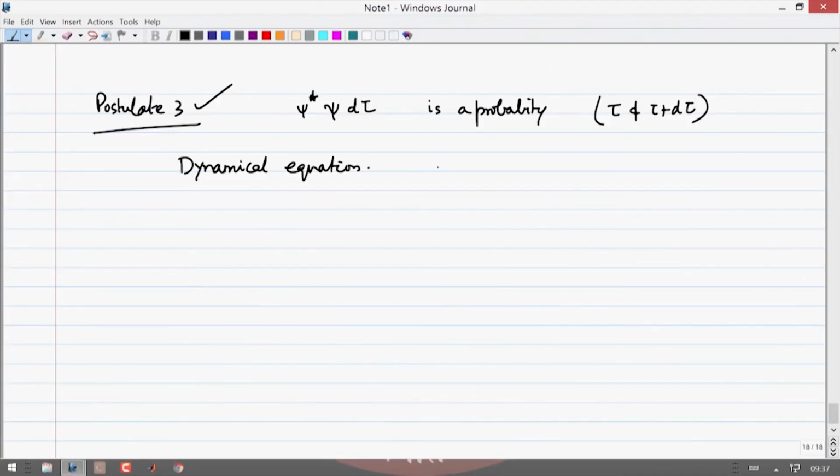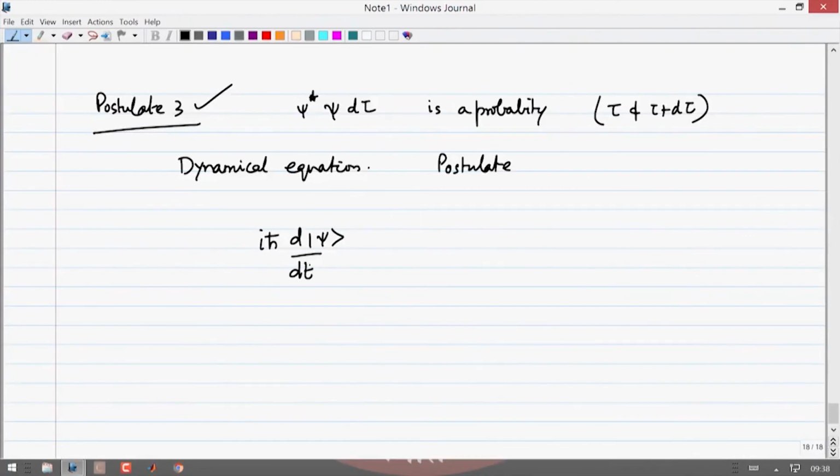This is an extremely useful postulate. We will not solve this equation, but the dynamical equation for the wave function for any system with the Hamiltonian H is given by d psi by dt.